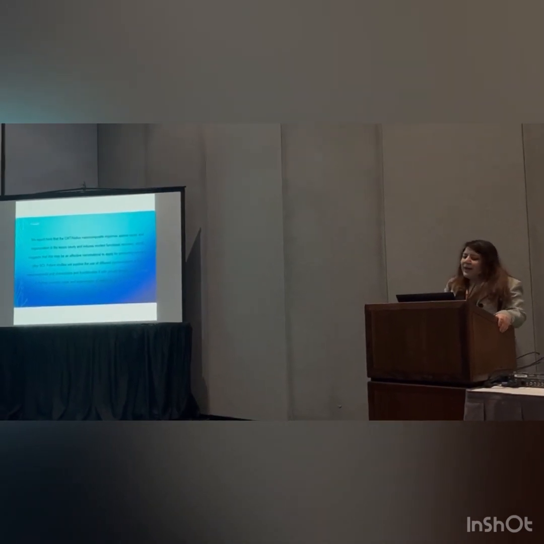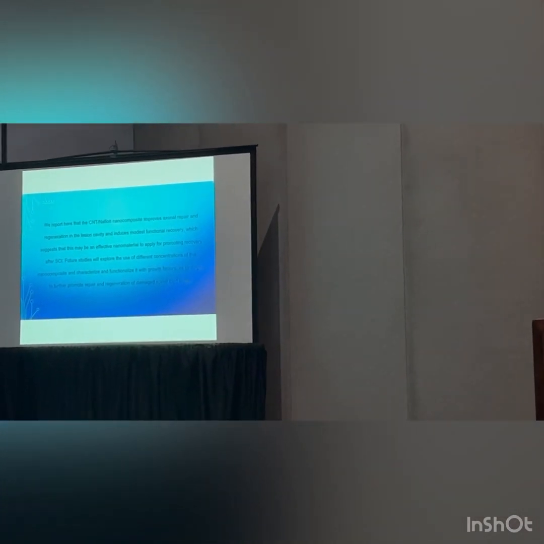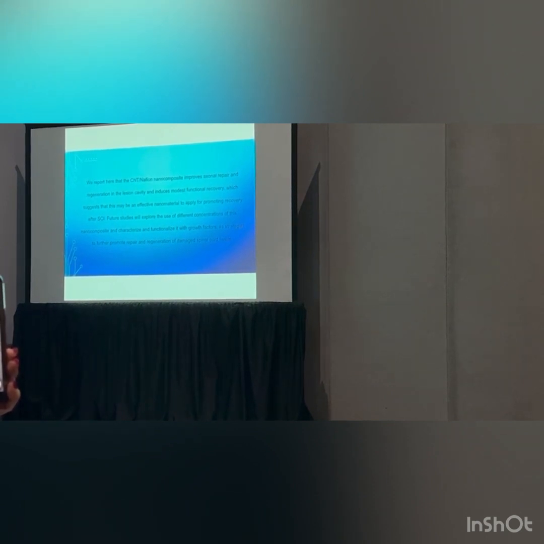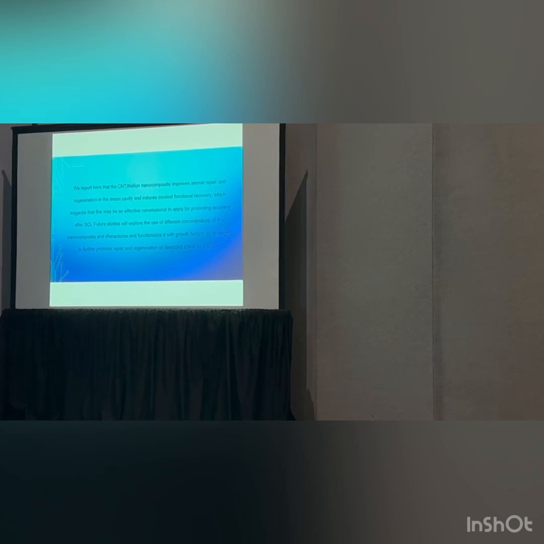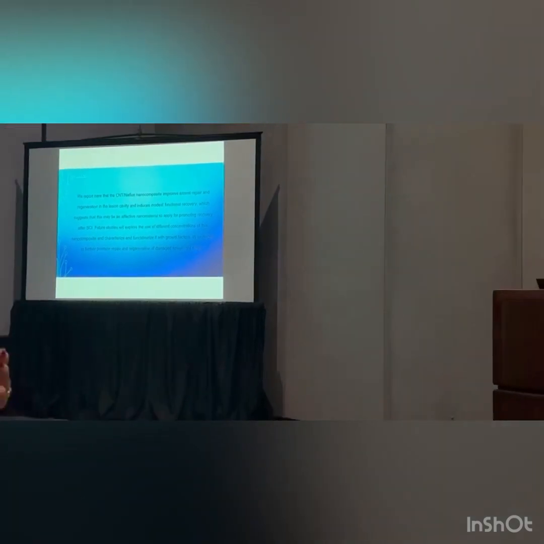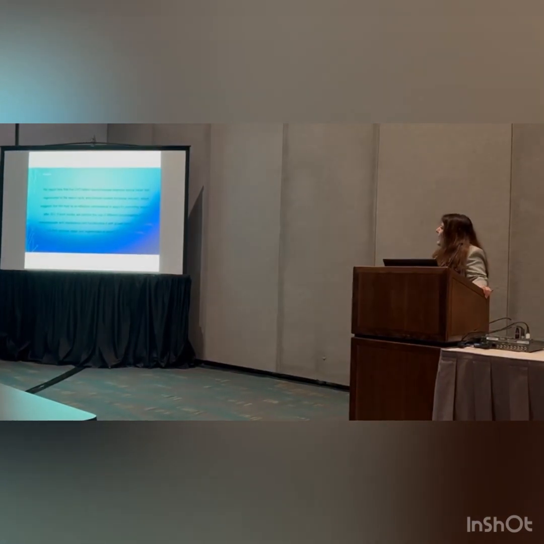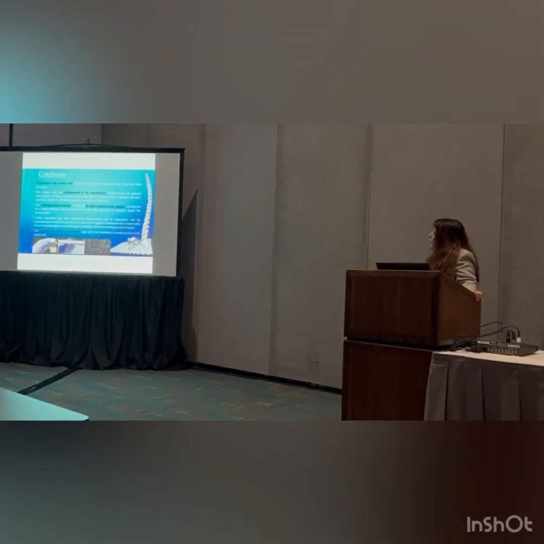We reported that carbon nanotubes and nanocomposite improve axonal repair and also regeneration in the lesion and cavity, and include modest functional recovery, which is really important. Future studies will explore the use of different concentrations of these nanocomposites and their characteristics, and also functionalizing growth factors, which is important.